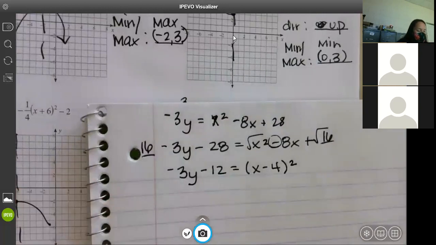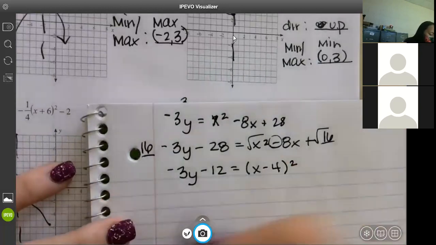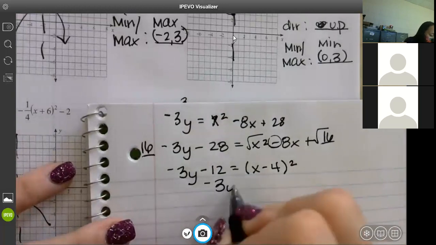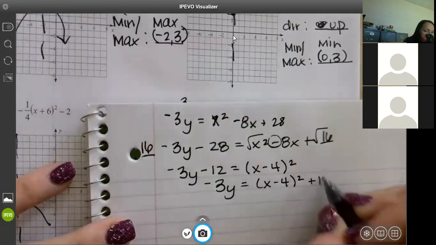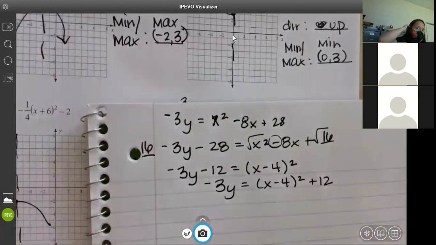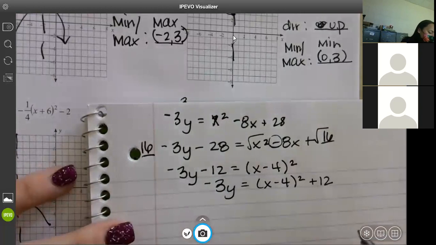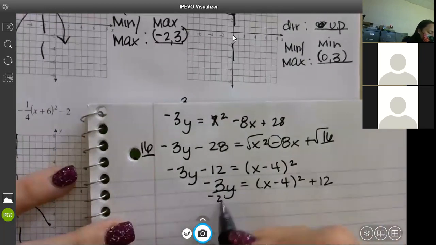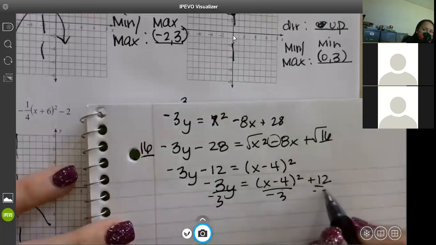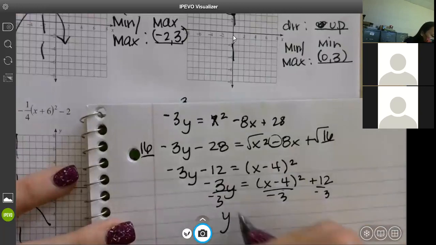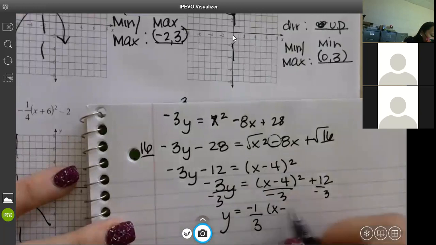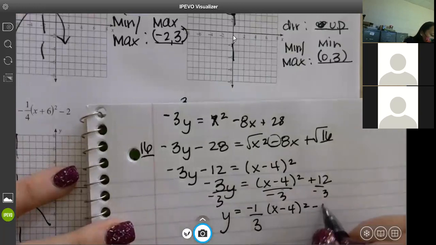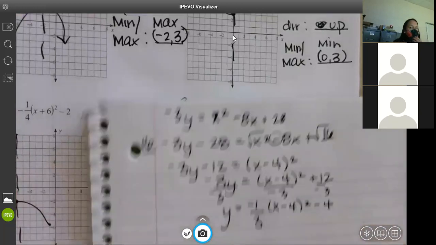What do I do now? Move the 12, add the 12. And then your last step, divide everything by negative 3. So your final equation is y equals negative 1/3 (x minus 4) squared minus 4. 12 divided by negative 3 is negative 4.